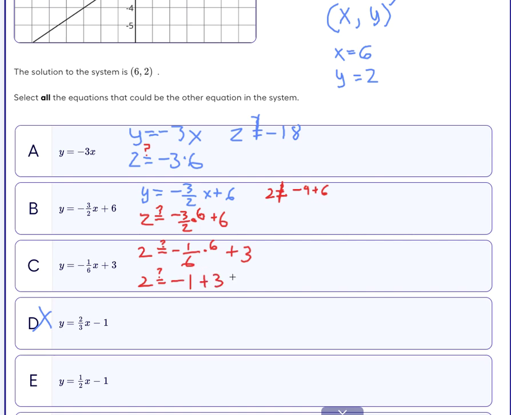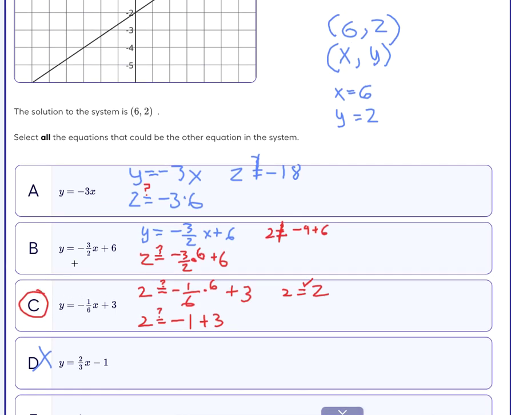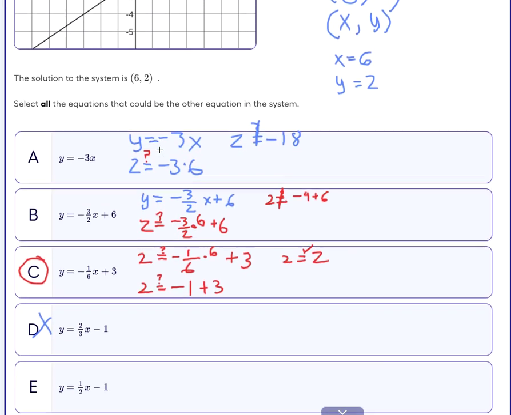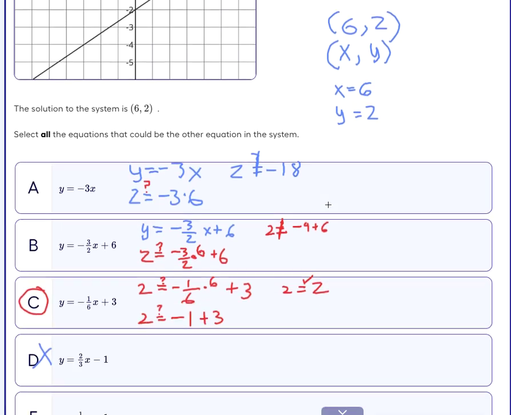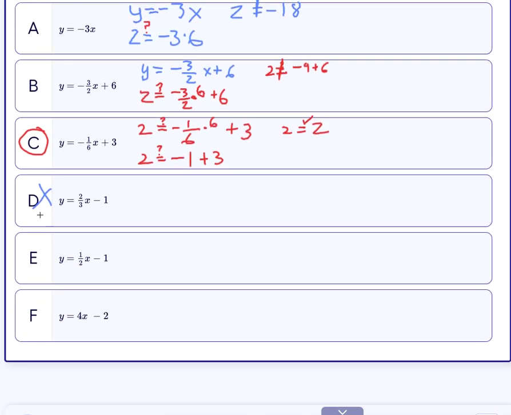Negative 1 plus 3 is 2. So yes, 2 is equal to 2. So since we got a true statement, then we know that this equation would work. This equation could be an equation in the system. It does go through the point (6, 2). We already said this one doesn't.